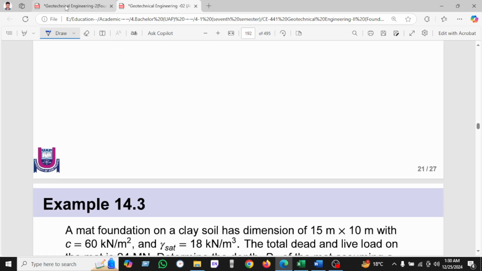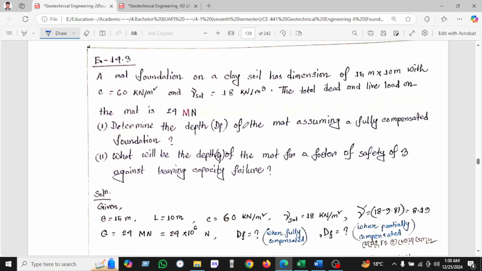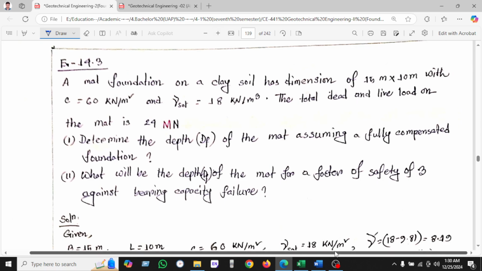Okay, so let's go to an example of a compensated footing. A mat foundation on clay, with dimensions given here, 15 by 10 meters, with gamma of 16 kilonewton per cubic meter and saturated unit weight of 18 kilonewton per cubic meter, and total dead load and live load on the mat of 20 meganewton.